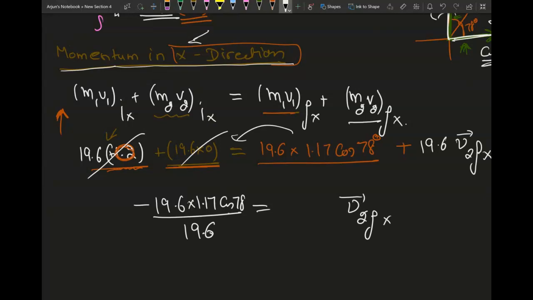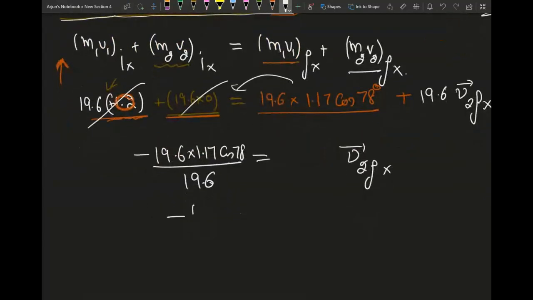So if I do the calculation, 19.6 multiplied by 1.17, which is equal to this much, multiplied by cos of 78 degrees, negative 4.76, equal to V2 final X times 19.6.